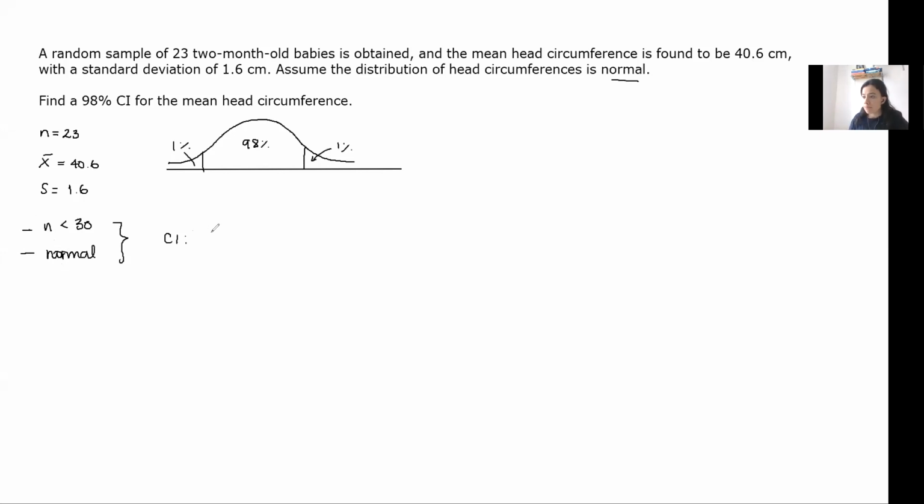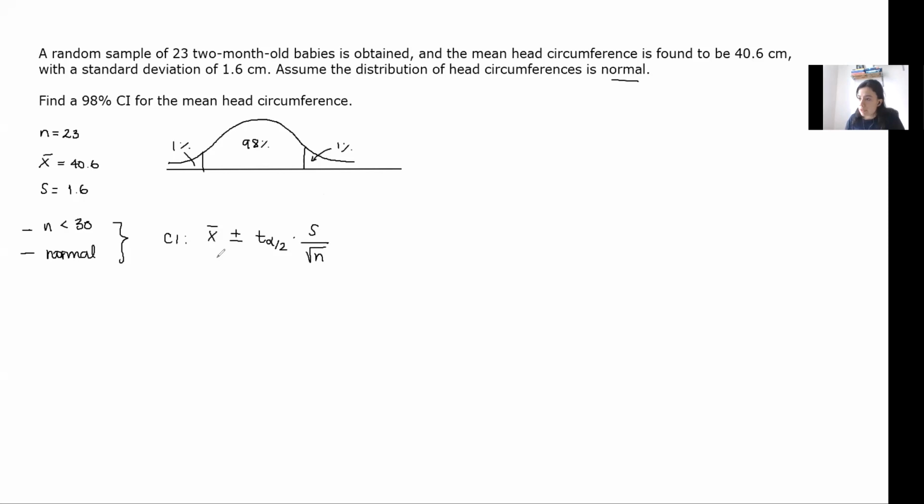which is X bar plus or minus T alpha over 2, because it's a confidence interval, so I'm chopping both from the top and from the bottom, times S divided by square root of n. Right? So this is the third formula that we talked about last class.